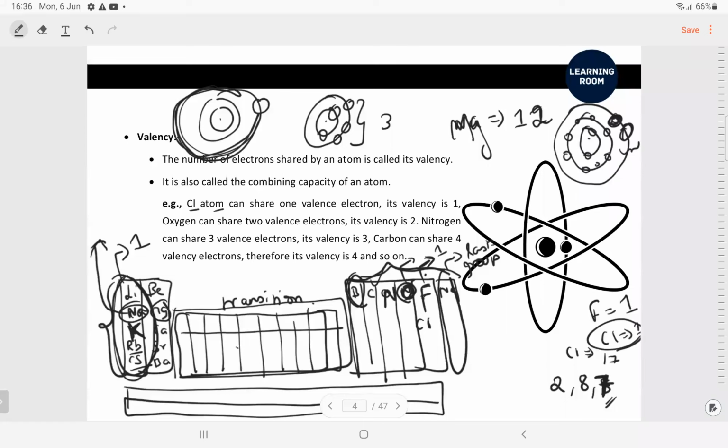For the valency, here you can see fluorine. Fluorine can share one valence electron; its valency is 1. For oxygen, the number of valence electrons is 6, but we say the valency of oxygen is only 2.